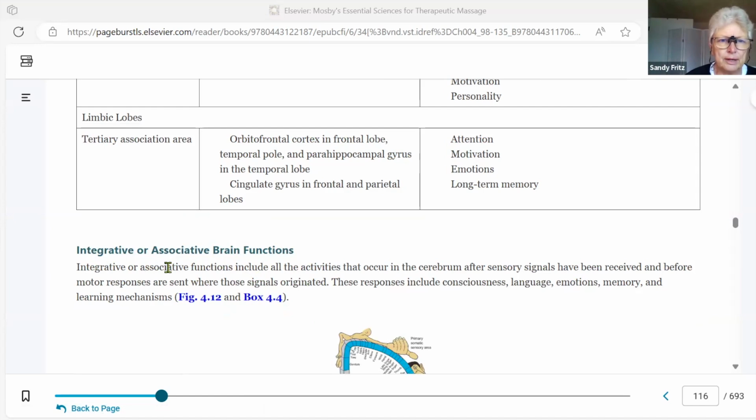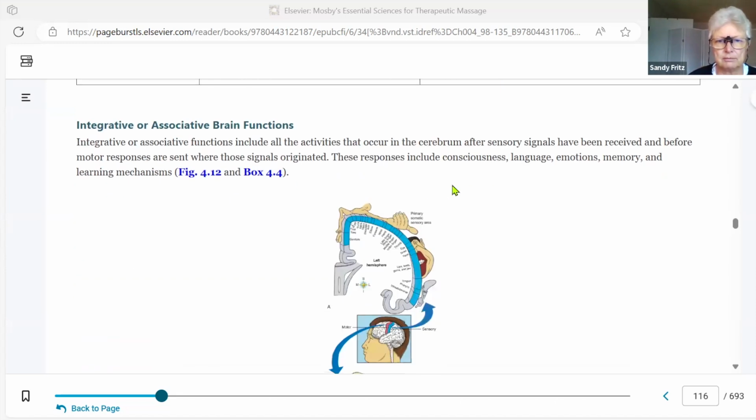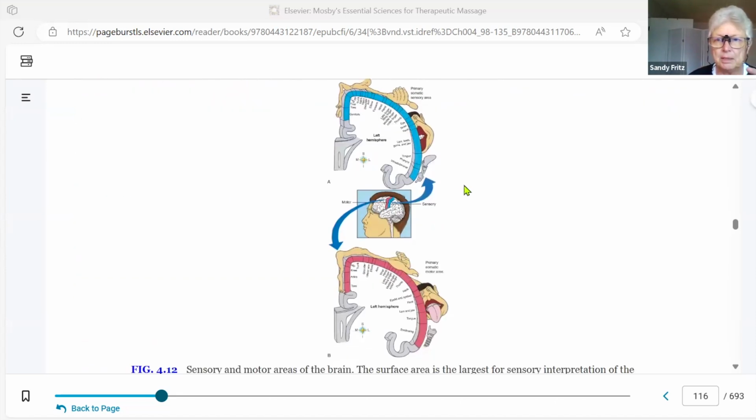And the integrative or associative brain functions coalesce together to give us consciousness and language and emotion and our learning mechanisms as well. When you're listening to this and looking at the textbook, you are stimulating central nervous system function. The stimulus is visual and hearing in this instance.